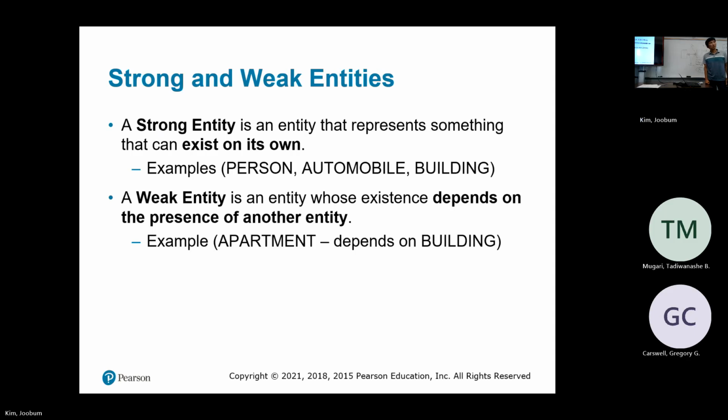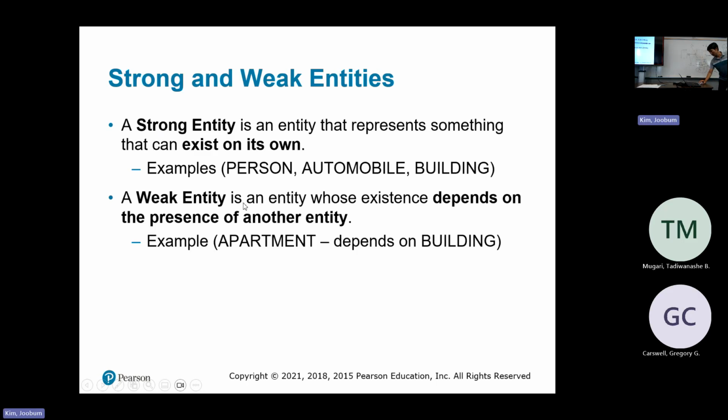No. So in that case, the classroom entity should exist only if the building entity exists. Okay? In that case, the classroom entity is called a weak entity. The building itself is a strong entity. Okay? In that case, we identify strong entity and weak entity.